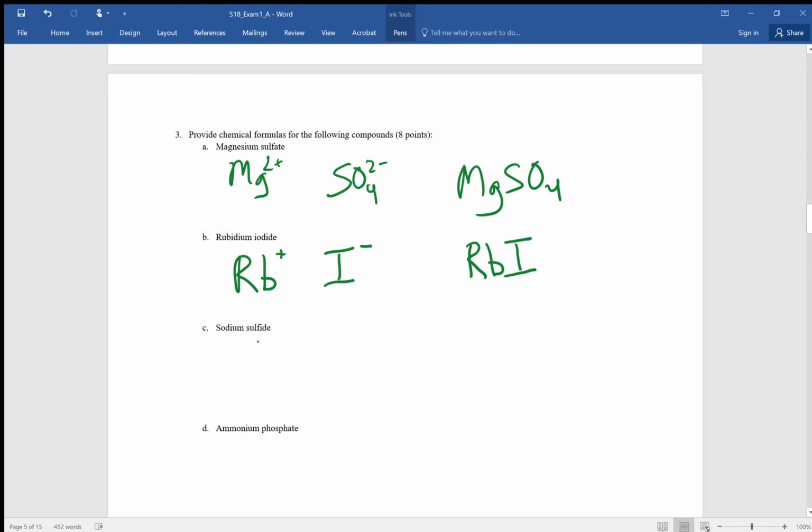Part C, we're looking at sodium sulfide. Sodium, Na. In the same first column as rubidium, so also a charge of +1. Sulfur, we find generally gets a charge of -2.